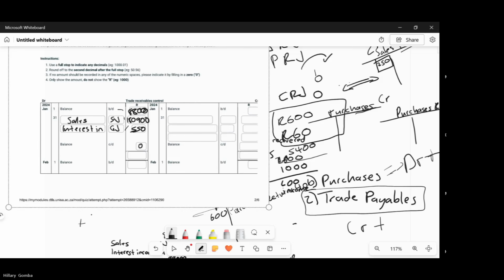I'm getting 269,450. Oh, my bad. What is everyone else getting? 269,450.